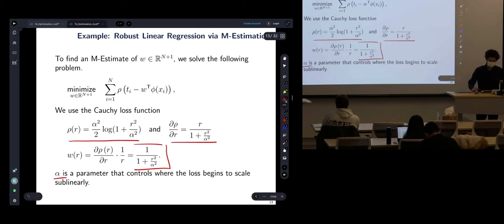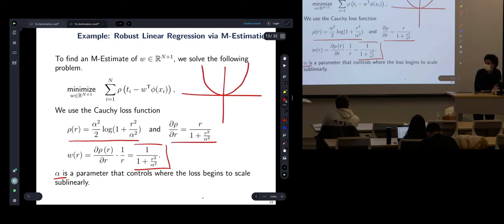So alpha is a parameter that controls where the loss function behaves sublinearly. If you plot this, you will see something like this. So the original least squares problem is a quadratic loss function. Outliers, by definition, have a large residual. They do not agree with the model.